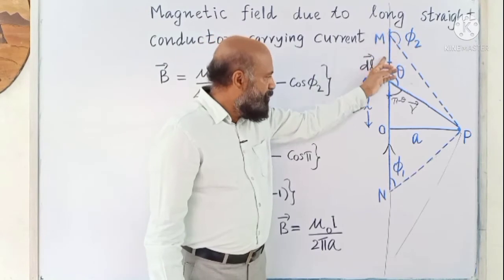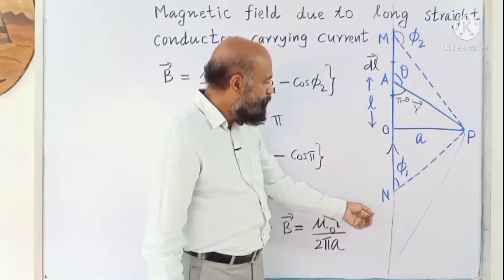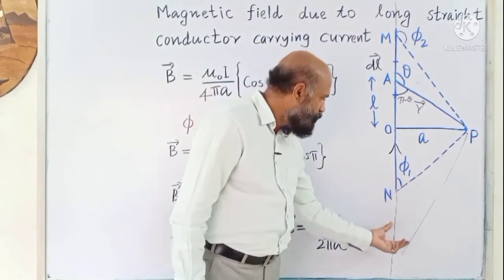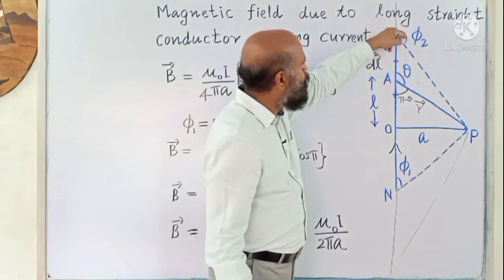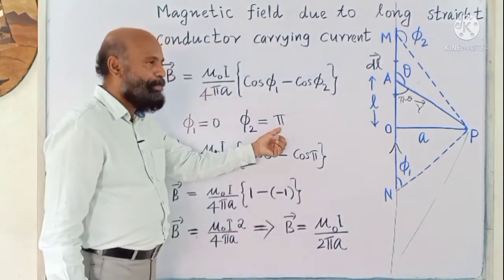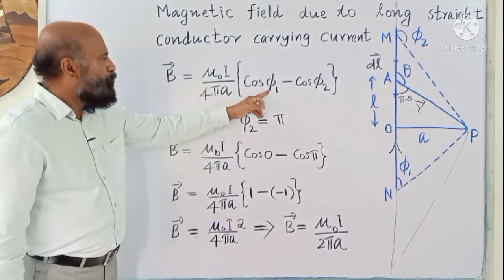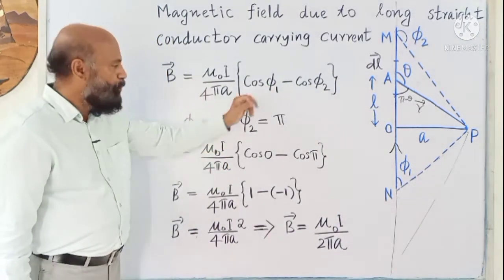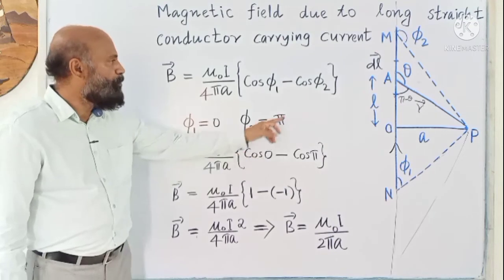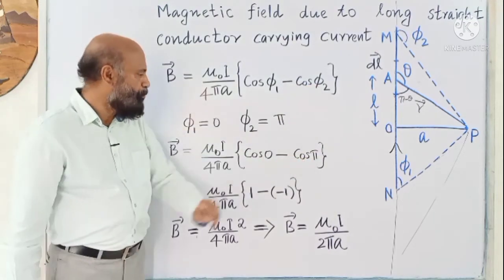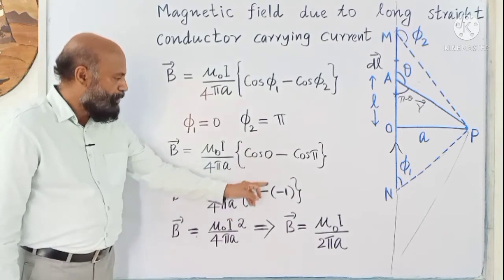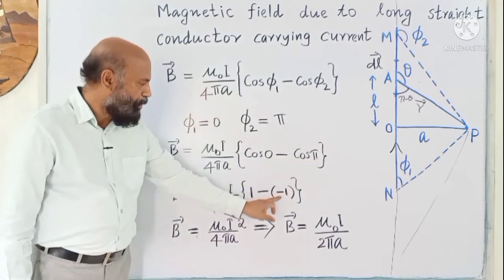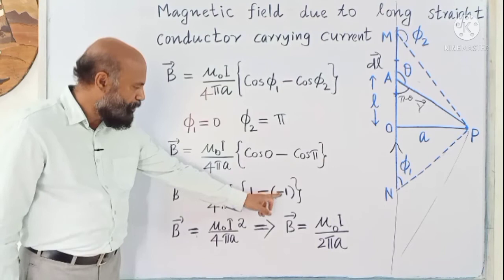When this conductor is infinitely long, phi 1 will become 0 and phi 2 will become pi. So you can substitute 0 for phi 1 and pi for phi 2. Then cos 0 is 1, minus cos pi is minus 1, and minus into minus is plus.